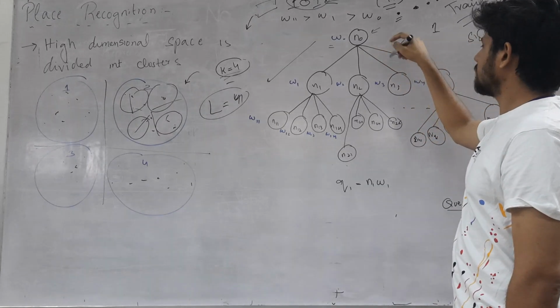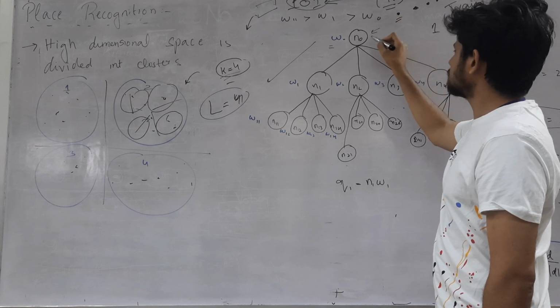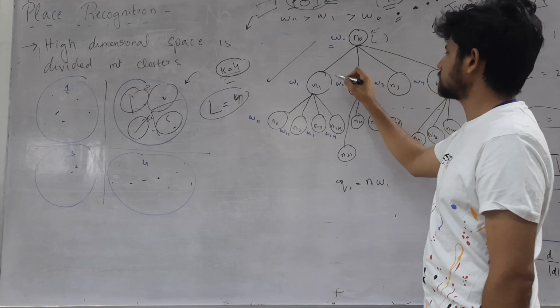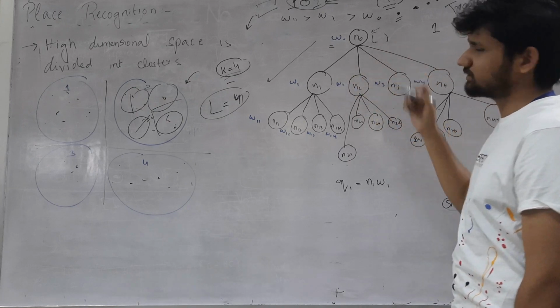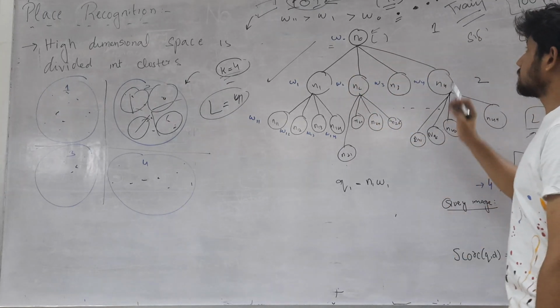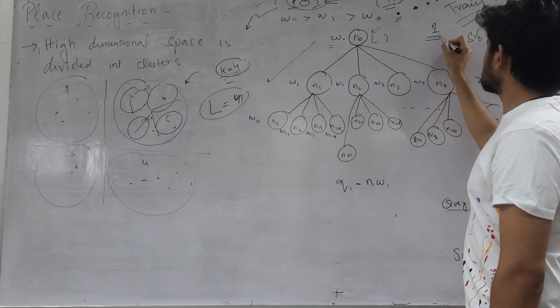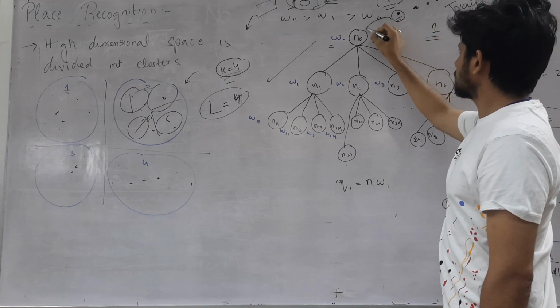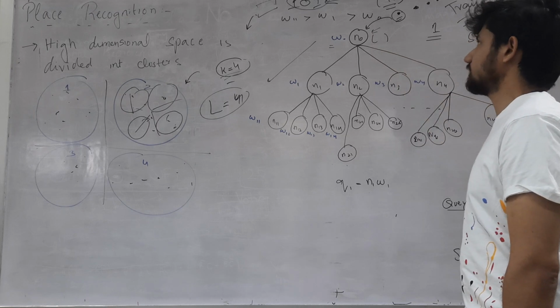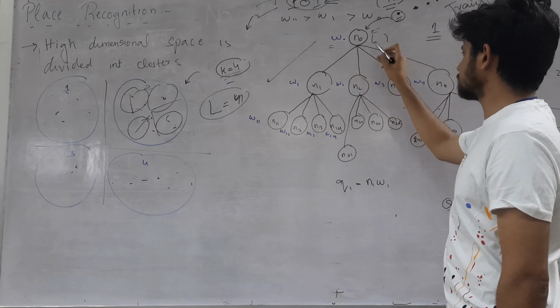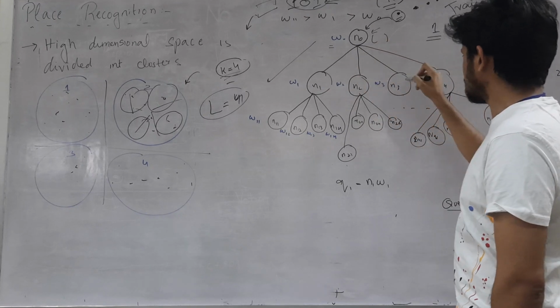Okay, obviously let's say this node will have some value, it will have some center. Obviously this node will also have some center. This node has the value of a center. What you will do is you will compare this descriptor with this one, and then you will decide where you should go. Should you go here, here, here, or here?